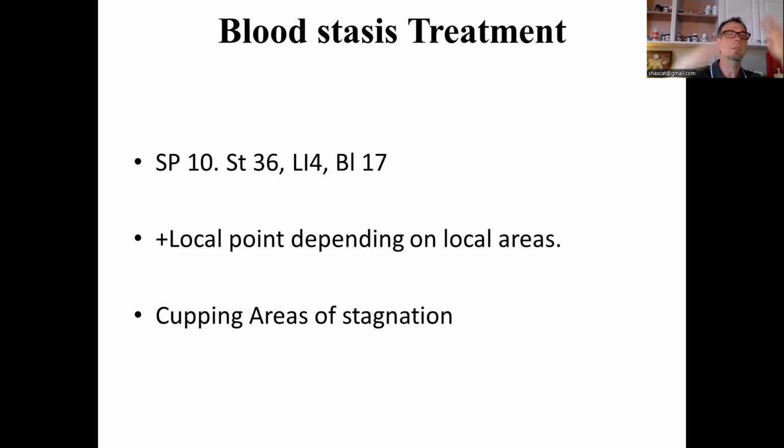Think of the diaphragm again, moving up and down, moving that blood around. Local points on an area, especially if it's a traumatic injury. Cupping can help with that too. Cupping areas of stagnation. So needle Ashi, that area that's been traumatized, and cup it. And then do these other points.